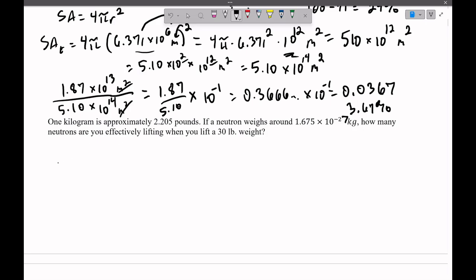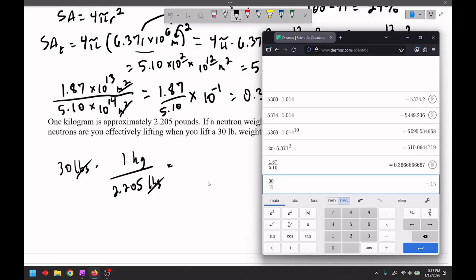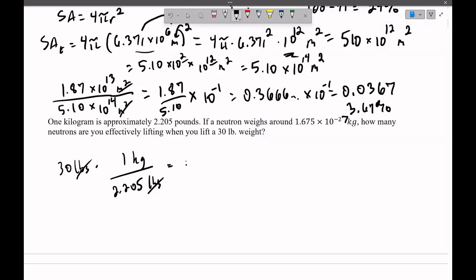So we have 30 pounds is the same thing as 1 kilogram over 2.205 pounds. And you can see those units cancel. That's going to give us 30 divided by 2.205, and we get 13.61. I'll just do 13.61.